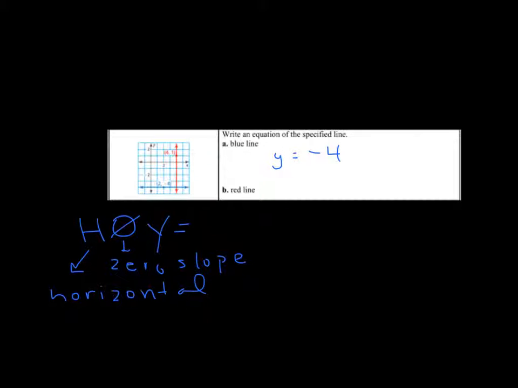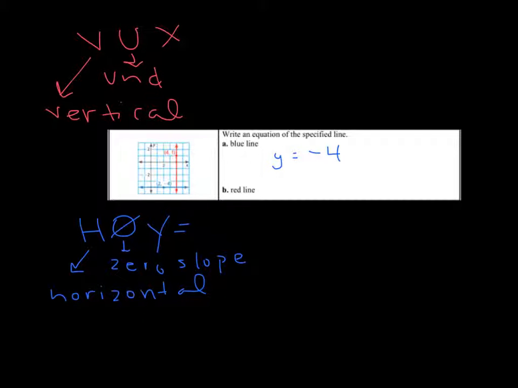Now for the red line, I told you to memorize VUX for vertical lines. V stands for vertical. U stands for undefined slope. And it's x equals a number. So for this vertical line, where does it touch x?